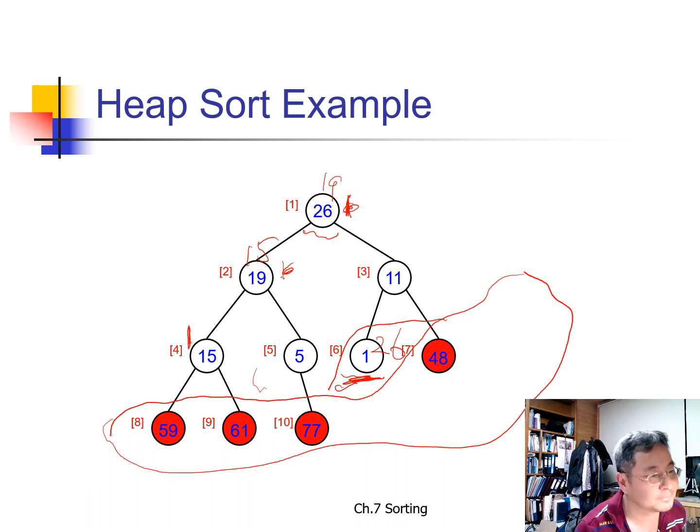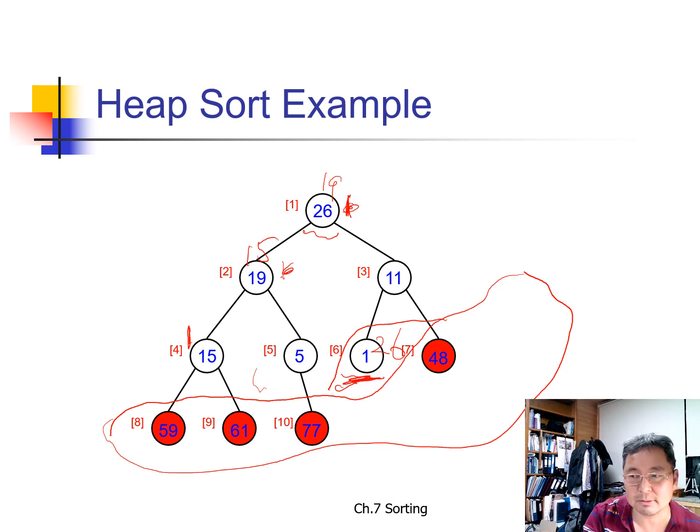Okay, that's all of chapter 7. We studied several sorting algorithms. You must understand every sorting algorithm in this chapter. In some cases, you must understand the detailed algorithm itself, and you must also understand the examples.